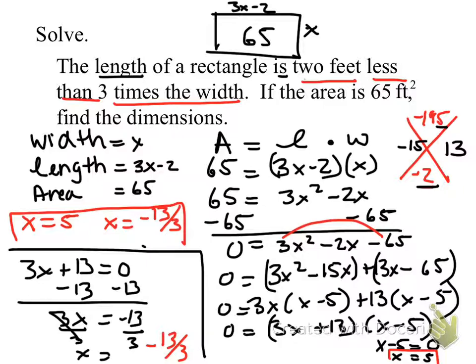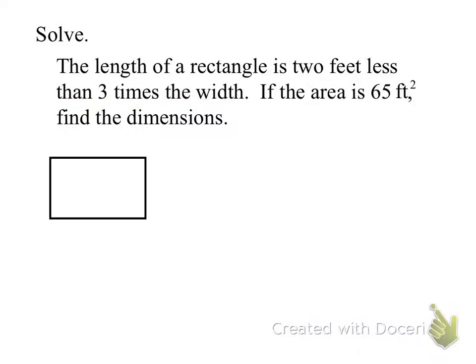Because you can't have a negative base. So which is an invalid solution? Negative 13 over 3. So look what I do. I get rid of that, and I'm only using this, because distance can't be negative, and a measurement can't be negative.